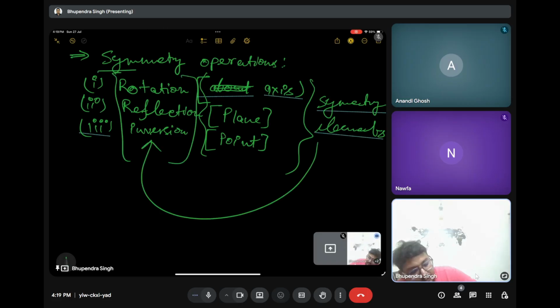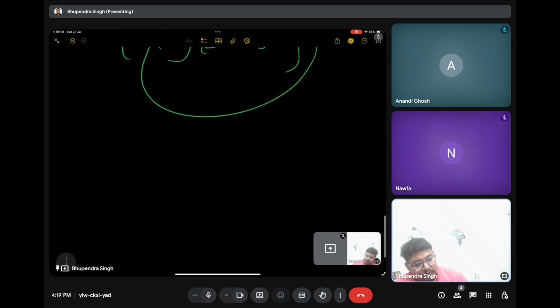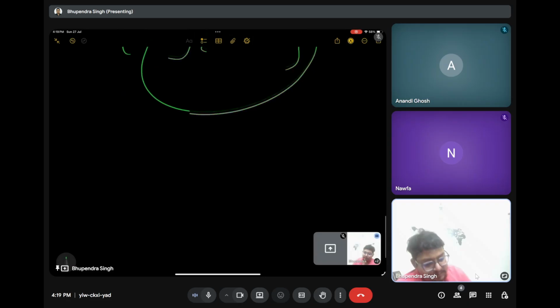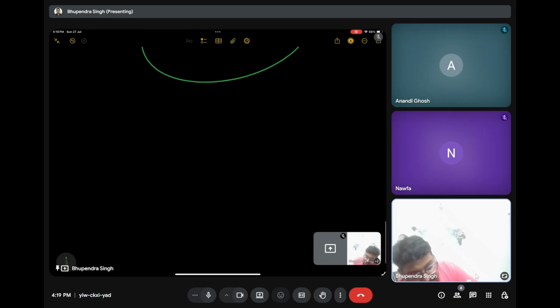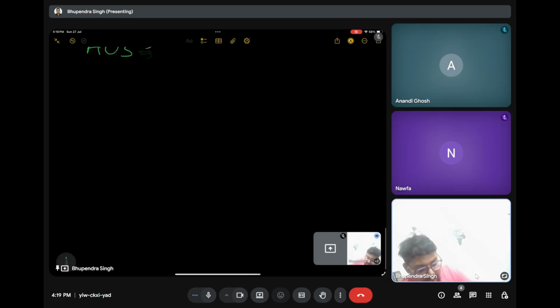These are the symmetry operations. So now that I have introduced them, let's go a little deeper to study these symmetry elements.